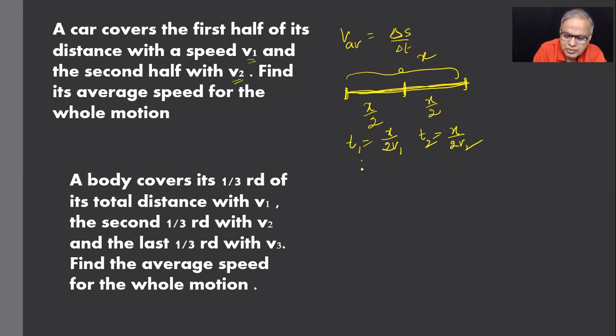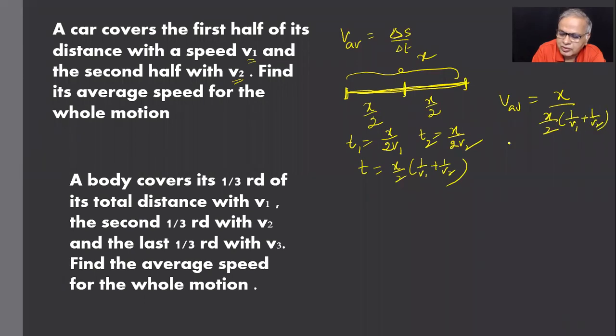The total time t will be x by 2, 1 by v1 plus 1 by v2. So average speed v average, we thought the total distance is x. The time is x by 2 into 1 by v1 plus 1 by v2. So simplification should give you 2v1v2 by v1 plus v2.